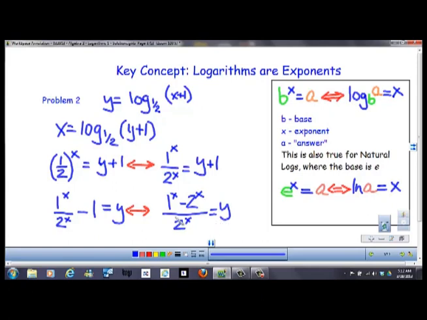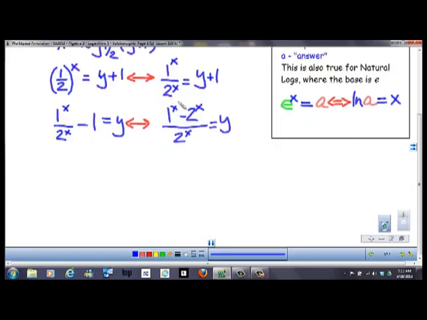Now, the answer sheet you have shows something a bit different, and the explanation is fairly easy. It's all about 1 to the x. The answer sheet, I believe, says y is equal to, well, everything's over 2 to the x. It says negative 2 to the x, and it says plus 1. Well, here's your plus 1.